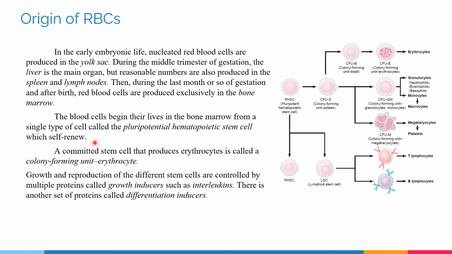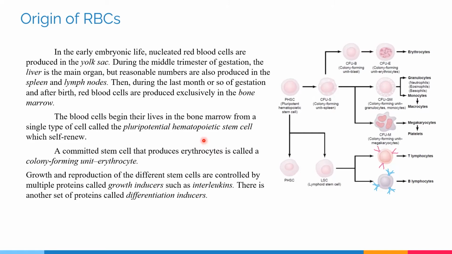The hematopoietic stem cell is one of the pluripotent stem cells that is present in the embryo as well as the adult body, which can generate all the blood cell types in our body. So one cell can give rise to all the blood cells, which include the RBCs, the lymphocytes, the white blood cells and platelets as well.